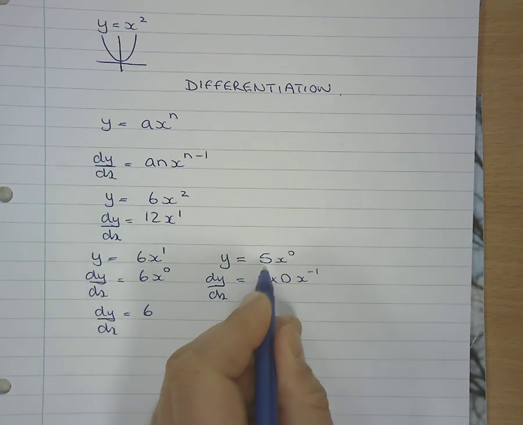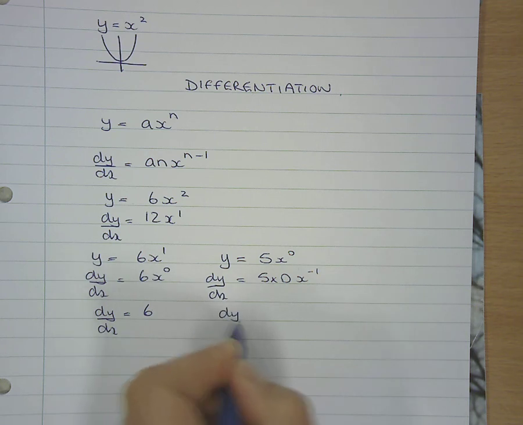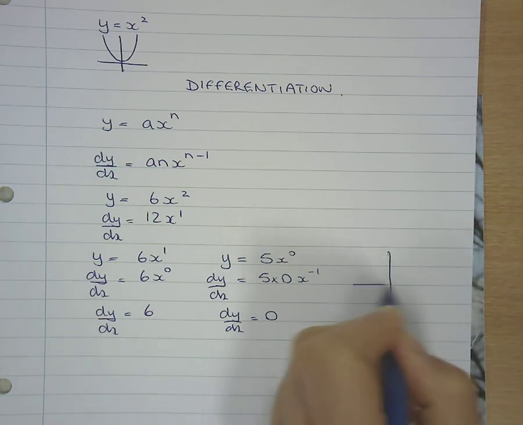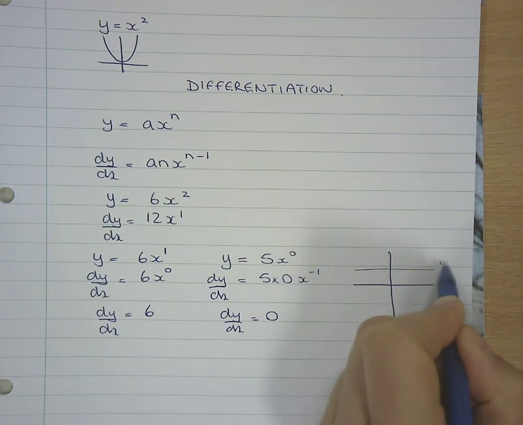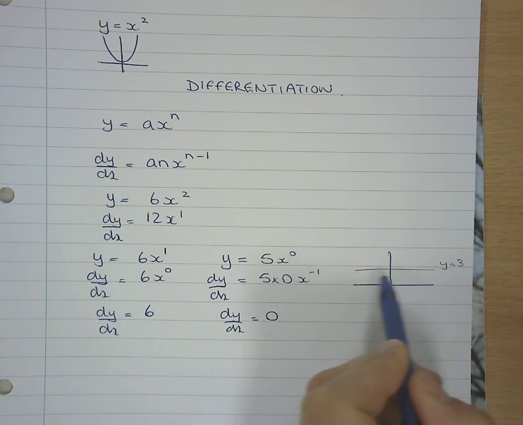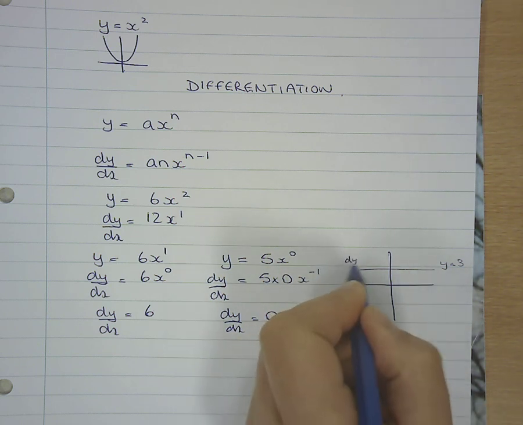So when I differentiate any integer value, it disappears. dy dx equals 0. And of course we should expect that, because if I take a graph and draw along a line y equals something, y equals 3, the gradient of this line, a horizontal line, is 0. So that's got gradient 0.